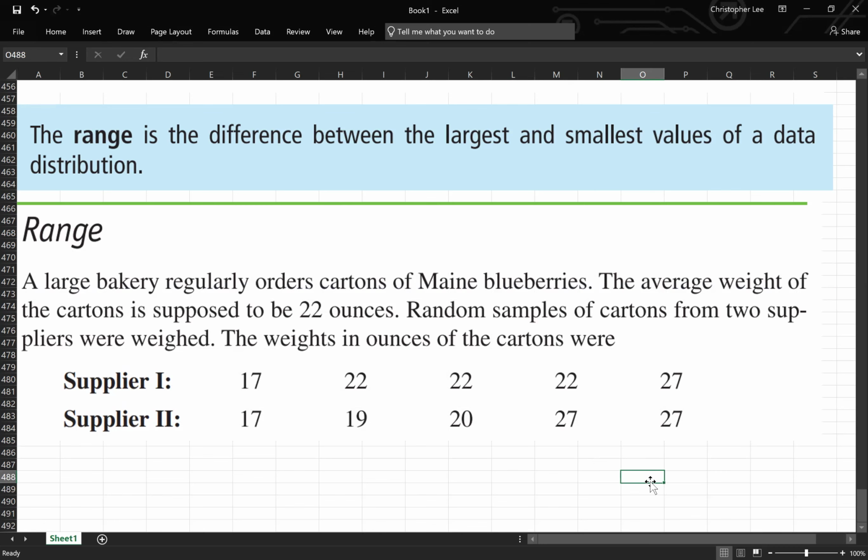I want to know what's the range for each supplier. So what am I asking you to do? Take the biggest number in supplier one, for example, and subtract the smallest number from it. What's that number that you get? 10. And then in supplier two, I want you to do the same thing. Take the biggest number and subtract the smallest number. And what do you get? 10. So those are your ranges.